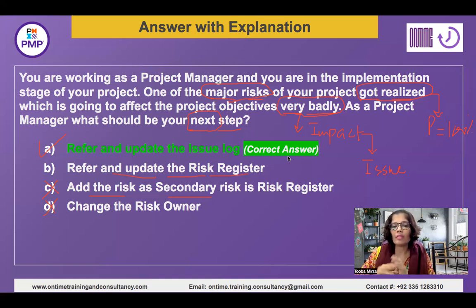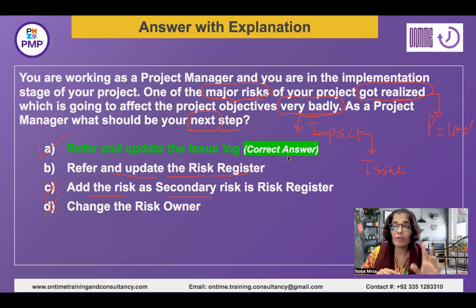B is not the answer because even for an identified risk, which is there in the risk register, once it gets realized, the first thing that you need to do is to log it in the issue log with whatever data is available about the issue. Then if it is a very urgent one, you probably need to work on it, with analysis, assessment, and whatever workaround needs to be done. And in parallel, you can update the risk register with its status.